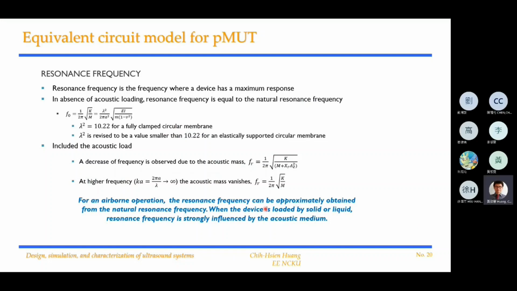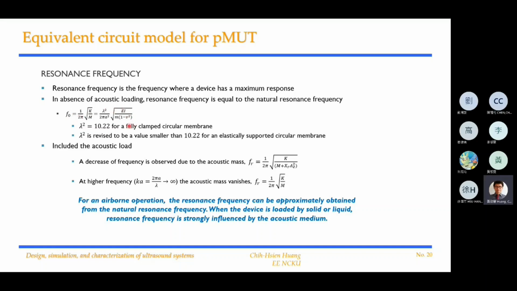Then we'll quickly go over something that you already know, the resonant frequency. The resonant frequency is similar to the equation of simple harmonic motion, but you just replace the spring constant K with the mechanical parts.